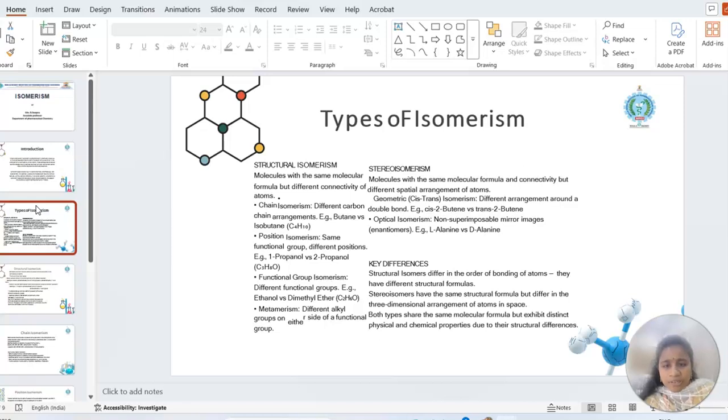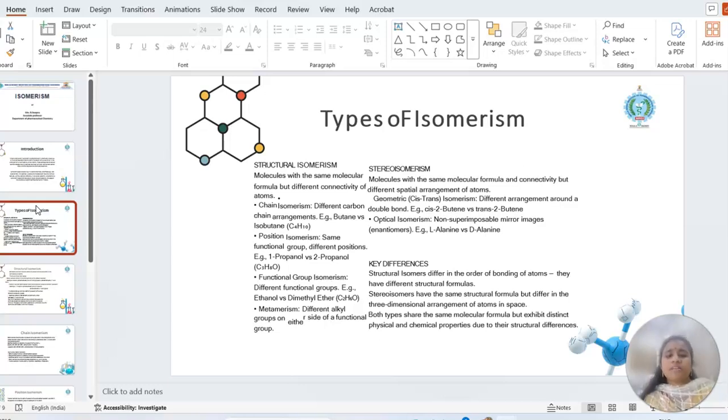Cis means the methyl groups are on the same side. Trans means they are on opposite sides.